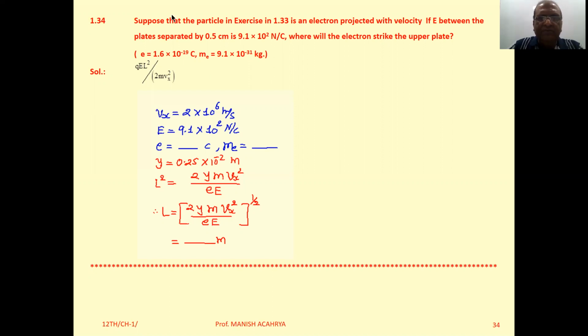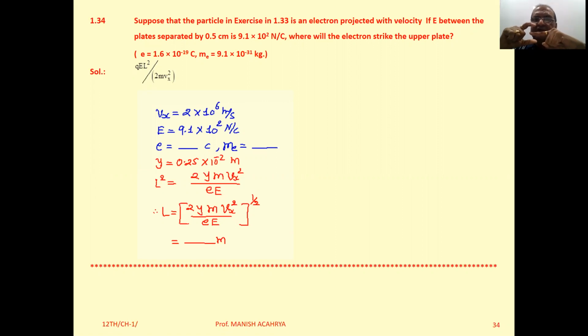Now see here, the electron is projected between the plates, and plates are separated by 0.5 centimeter. So when it is projected midway between the plates, it implies that plates are at a distance 0.25 centimeter from the electron.